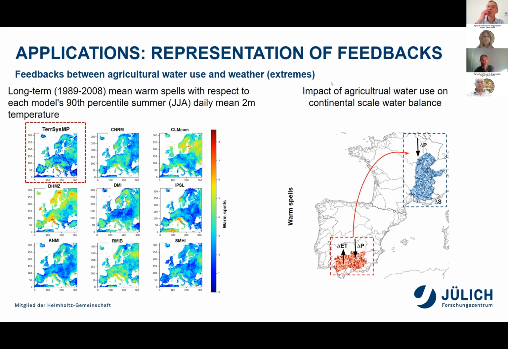The right side shows that these models can also be used to evaluate the impact of irrigation at certain locations on the continent on the weather and precipitation at other locations in the continent. This is because the feedbacks between processes in groundwater, soil and atmosphere are fully accounted for and described.